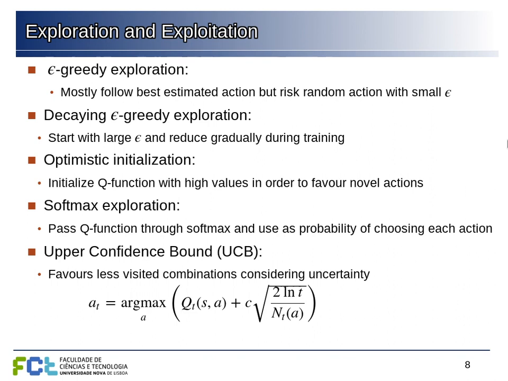Softmax exploration: we can pass the Q function for a given state. Remember, the Q function is the state-action value function. So for this state, it gives us the expected discounted return of each different action we can take. So instead of picking the best one, we can use these different estimates as the input to a softmax.